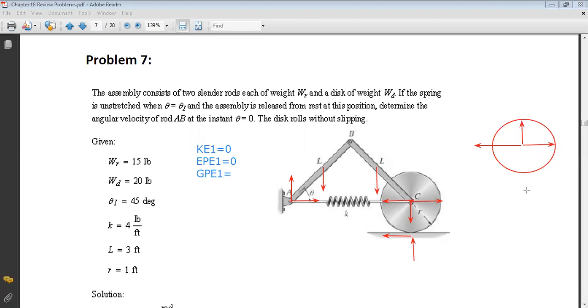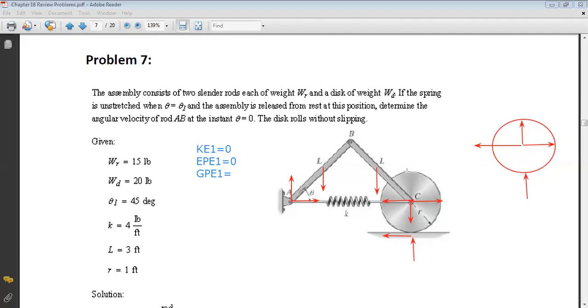And from the ground, I have the normal and the friction. But as you can see, all forces here are passing by C. The only one that can produce rotation about C is the friction. Here I don't have a couple to drive rotation. So what will drive rotation of the disk in this problem is the friction force.